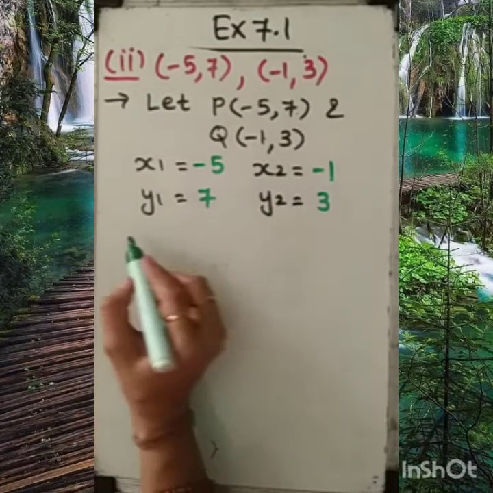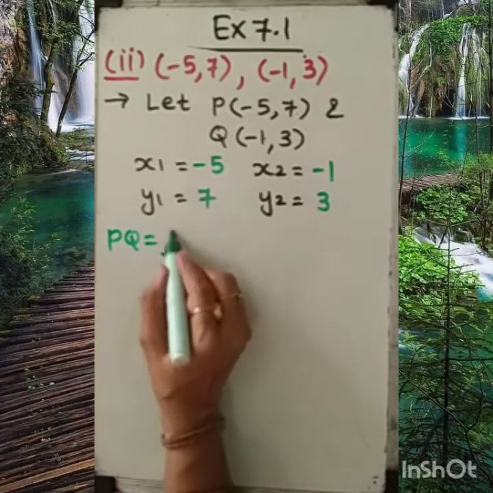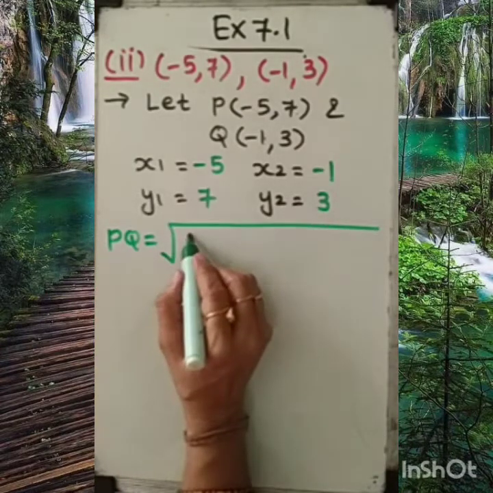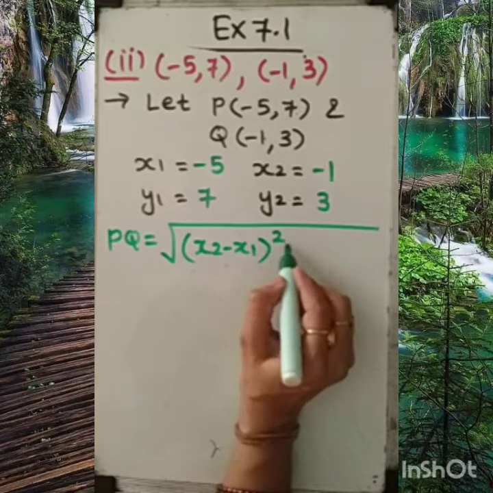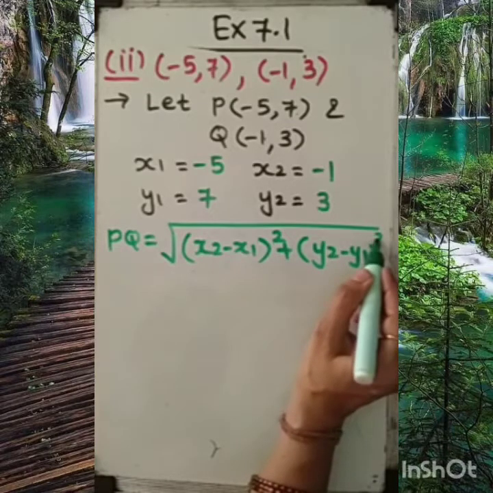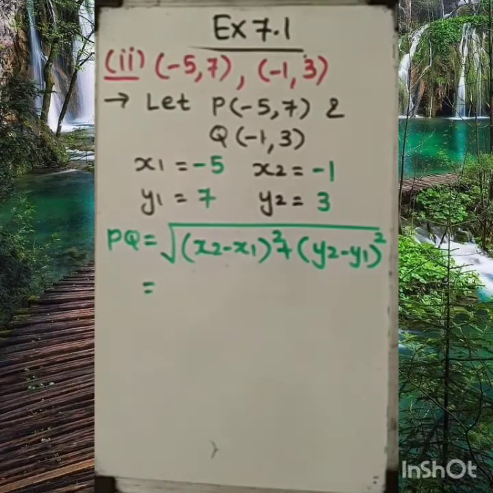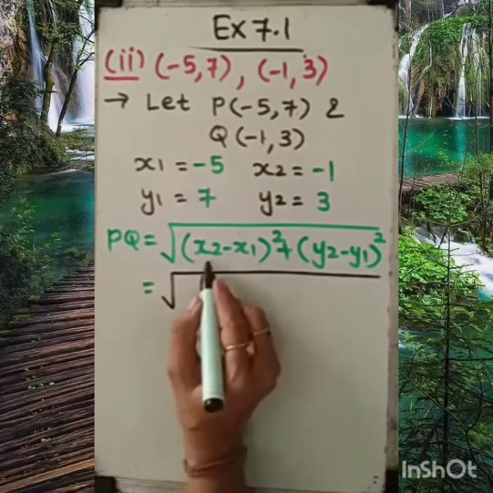Now we want to find the distance between these 2 points. So PQ is the distance. We apply the distance formula: square root of (x2 minus x1) whole square plus (y2 minus y1) whole square. This is called the distance formula. Got it?